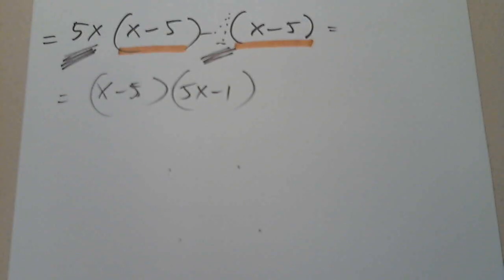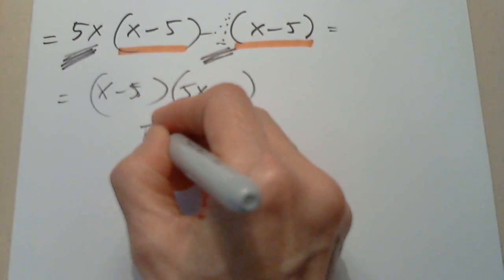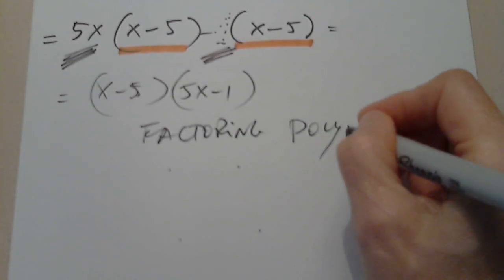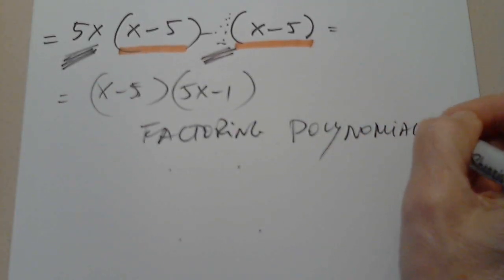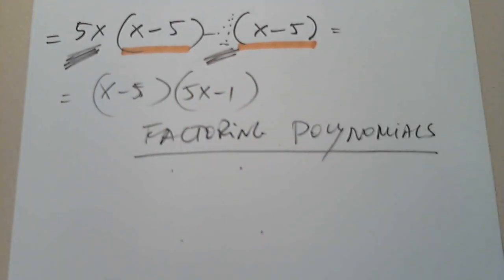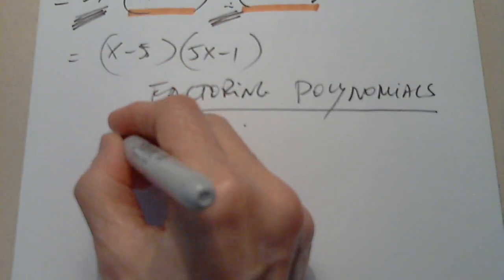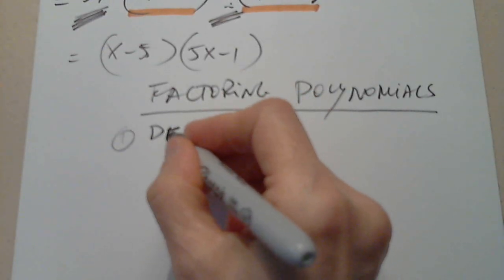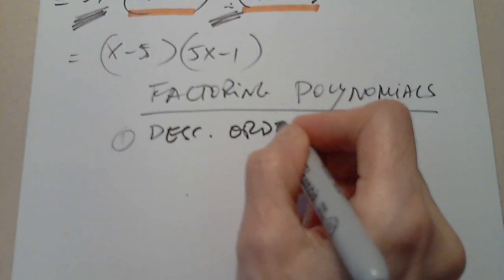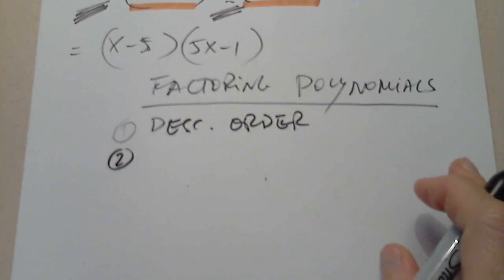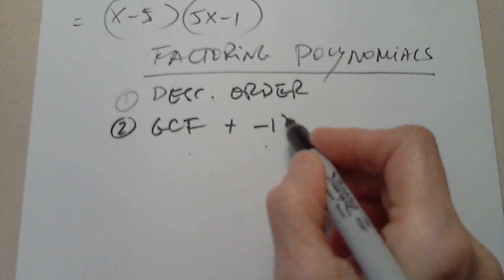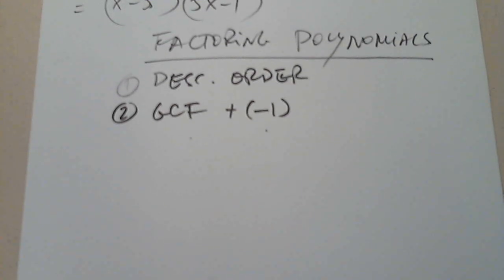Okay, finally, factoring polynomials. Number 1, descending order, so this is no good anymore. Number 2, the same thing, greatest common factor, plus negative 1 if the leading coefficient is that.